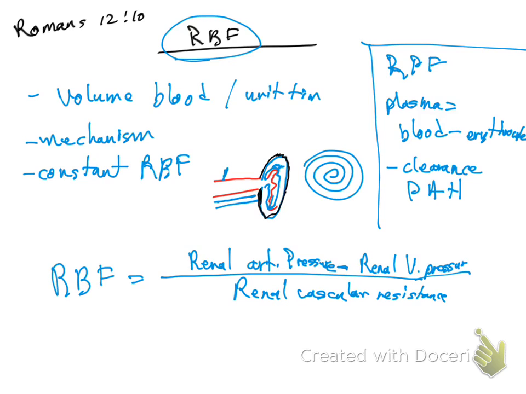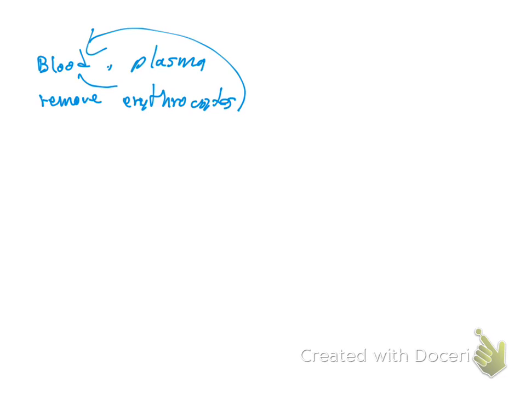To calculate this, we have a formula, and it is as follows. Remember first, I'm going to mention again: you have your blood, but you want your plasma. So how are you going to do it? You are going to remove your erythrocytes from your blood, and then you're going to have your plasma.